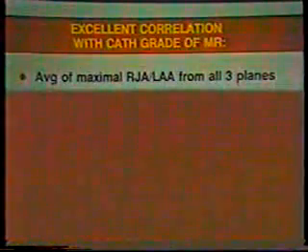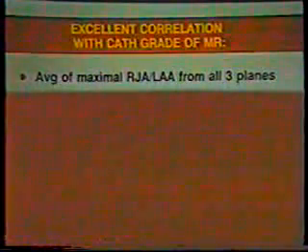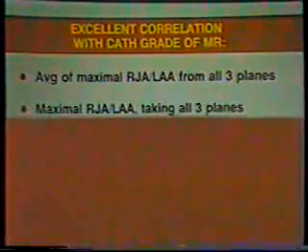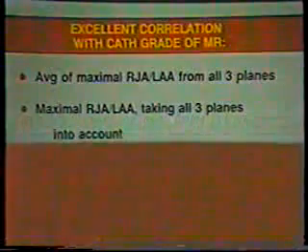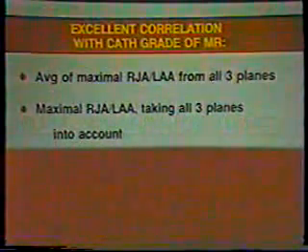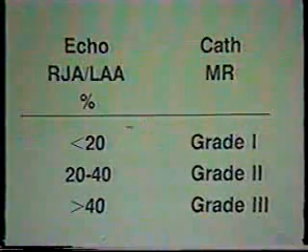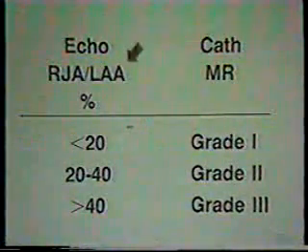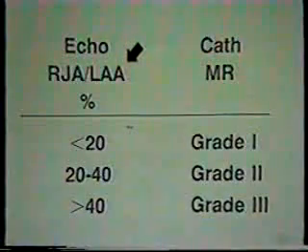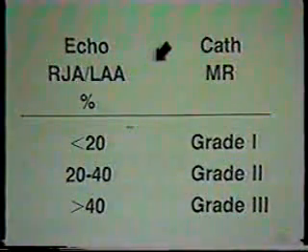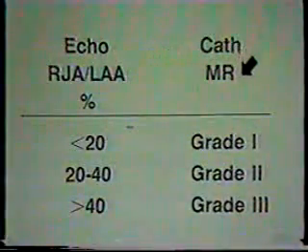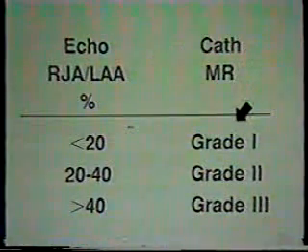Excellent correlation with the angiographic grade of severity was obtained when the ratios of all three planes were averaged. The correlation was also excellent when all three planes were inspected and the single plane yielding the maximum ratio was utilized. The color flow regurgitant jet area to left atrial area ratios and the corresponding angiographic grades of severity are displayed here.